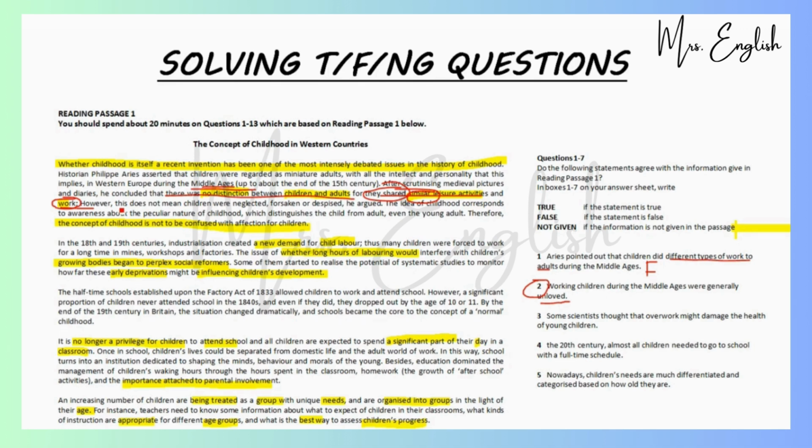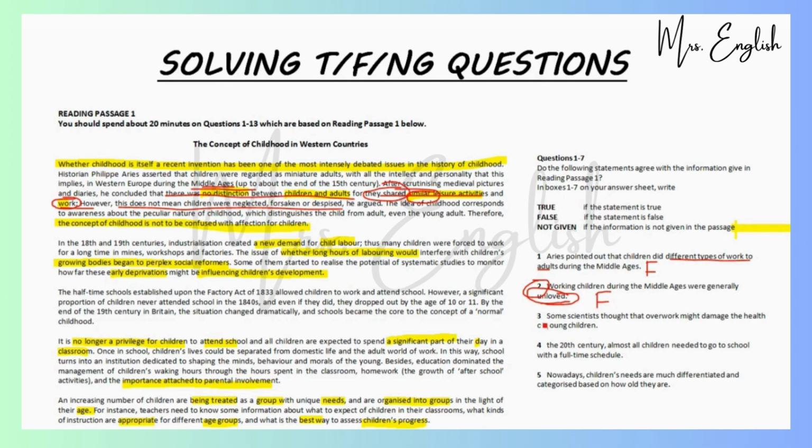And here it says, this does not mean children were neglected, forsaken, or despised. So, the claim that during the Middle Ages they were generally unloved isn't true, because he says that this does not mean children were neglected, forsaken, or despised. Okay? So this is false as well.